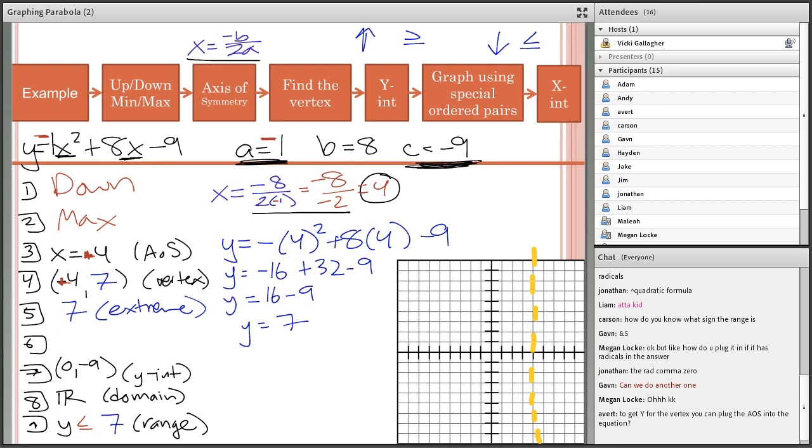All right, before I find my x-intercepts, I am going to graph. That's the only thing that we're missing over here, the x-intercepts. So I'm going to graph my vertex, which is at 4, 7. On standard form, you can take your axis of symmetry, plug it back in, and that'll give you your y.